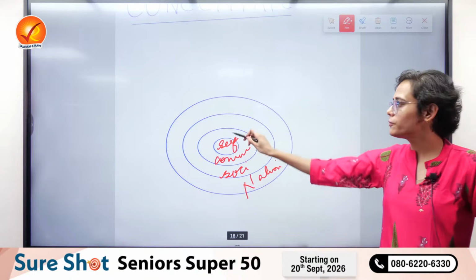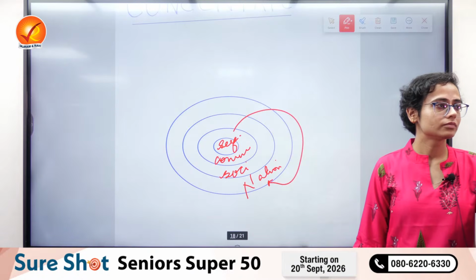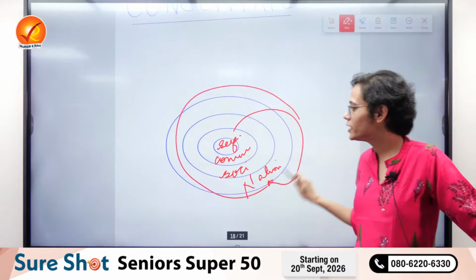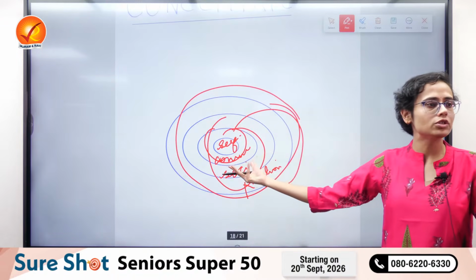That we are not different from the nation. We are part of the nation. And the nation is much bigger than the community or the society that we belong to. Anything can be shown through this diagram.